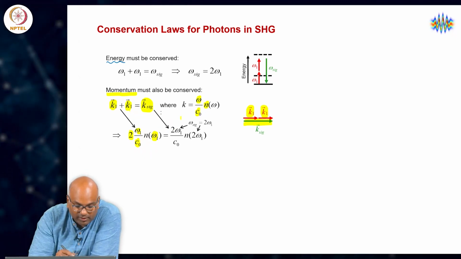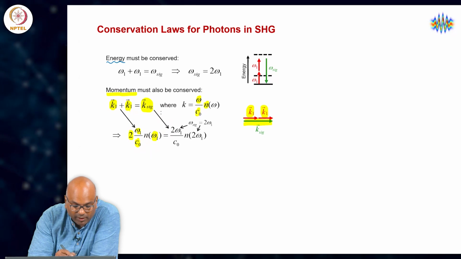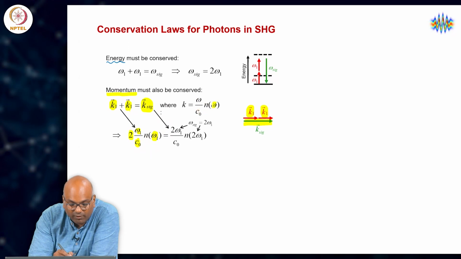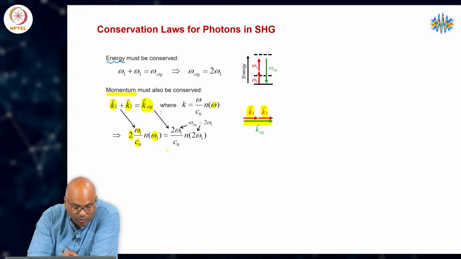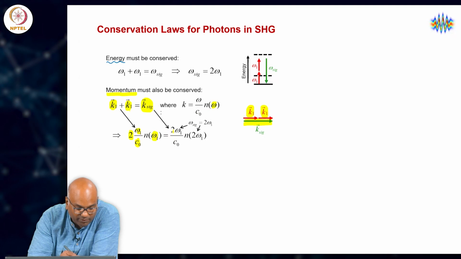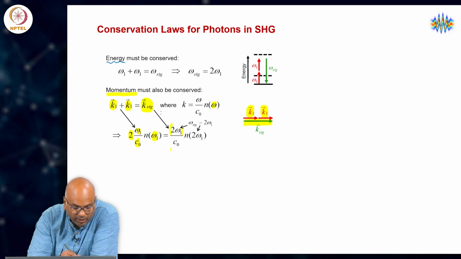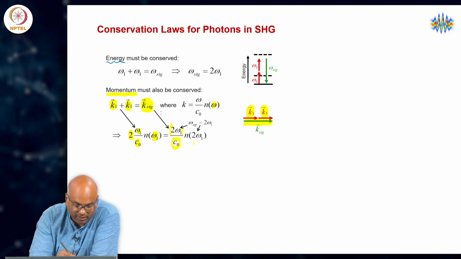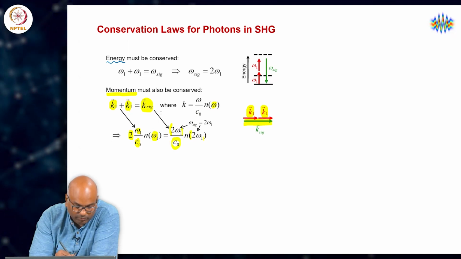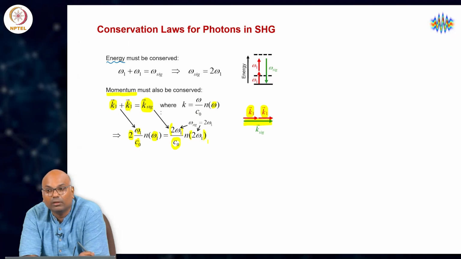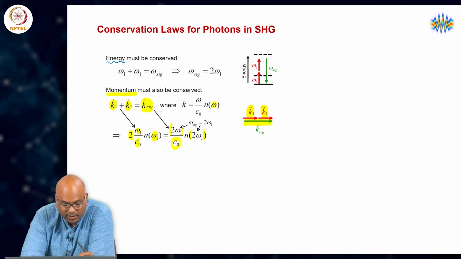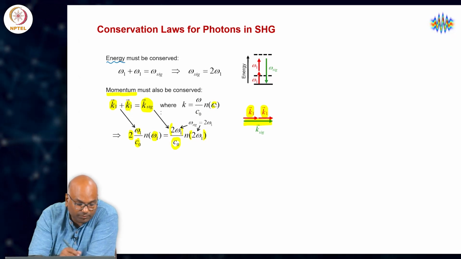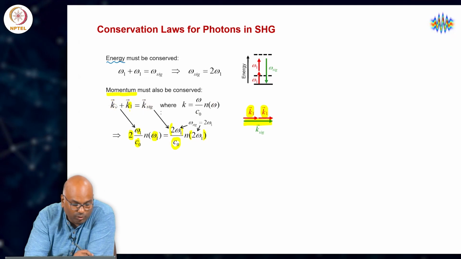K signal is omega signal divided by c naught multiplied by n at the signal frequency omega signal. Therefore, on the right hand side we have twice omega 1 divided by c naught multiplied by n, the refractive index at omega signal.